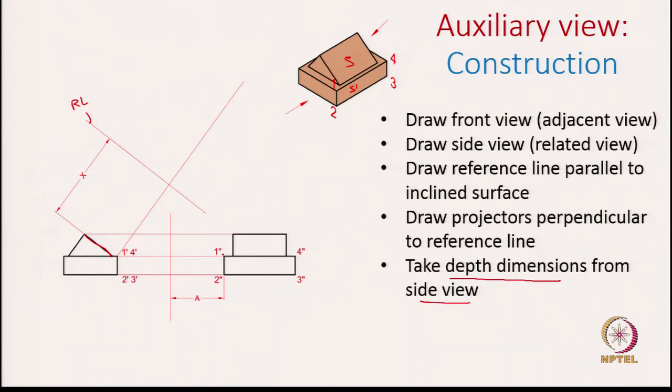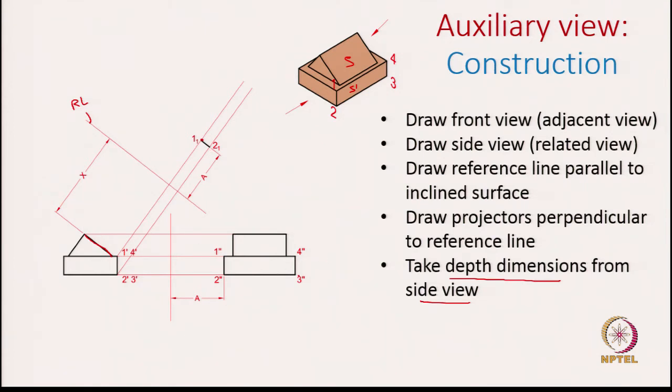So, let us say this point 1 is at a distance of A from the reference line. We will use the same distance A from the reference line to specify this point 1. Similarly, point 2 is also at a distance of A, that is what we have captured, and join these points 1 and 2 in the auxiliary view.